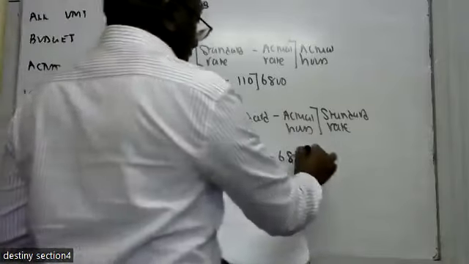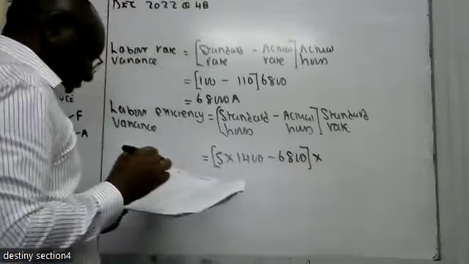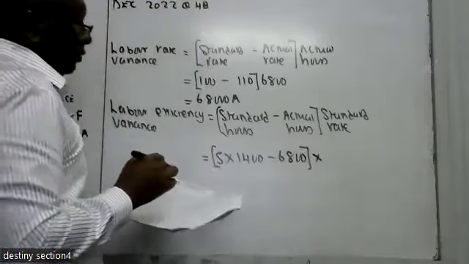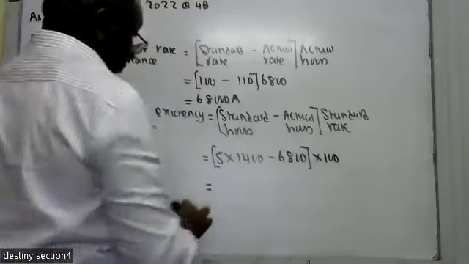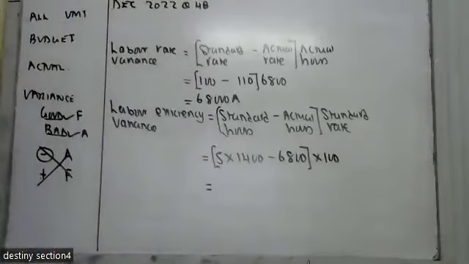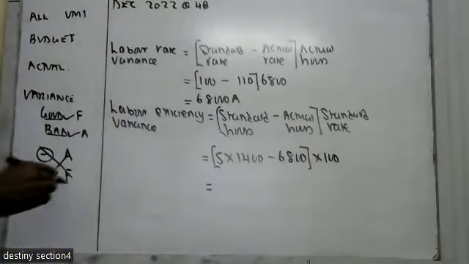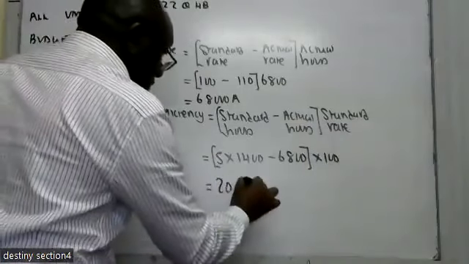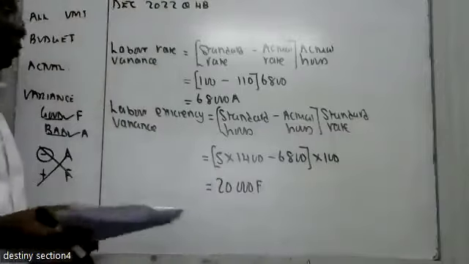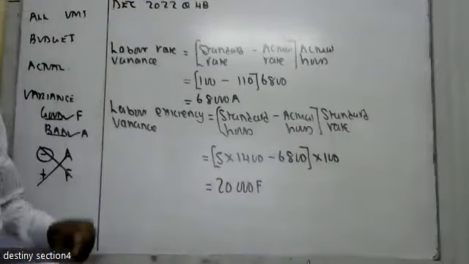Multiply by standard rate. Standard rate is 100. It's 20,000. So it's positive, maanisha we used less time.